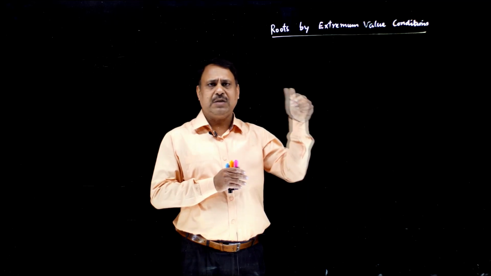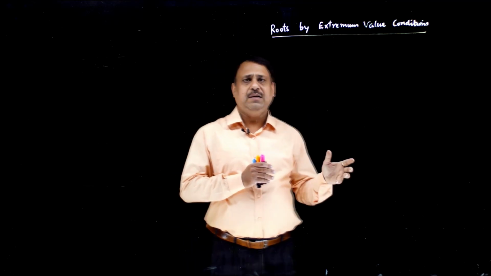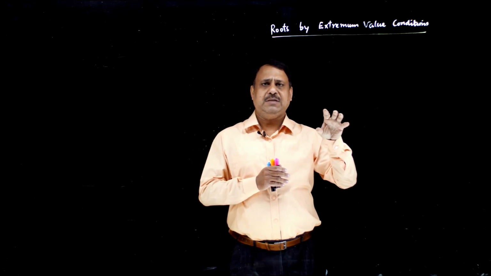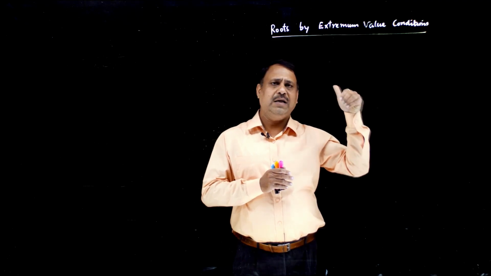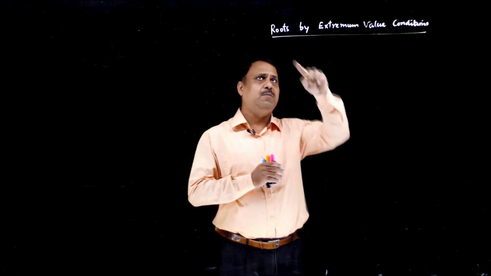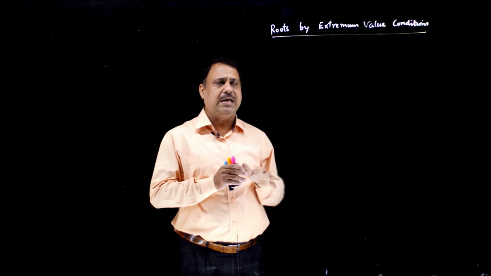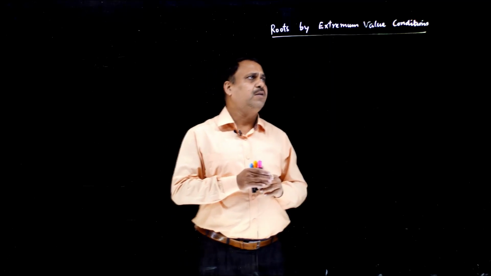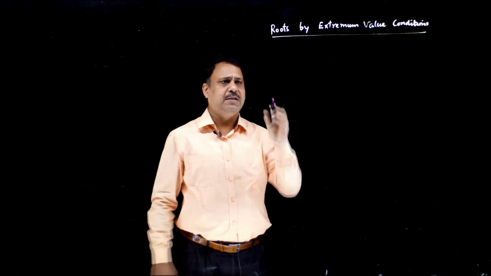If there are three unknowns x, y, z, you must have three equations. But in trigonometry, sometimes a single equation is given and there may be more than one unknown. Still it is solvable because of extremum value conditions. So whenever this type of situation arises, you must immediately go for extremum value conditions. Let us take a few examples.